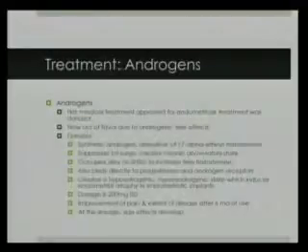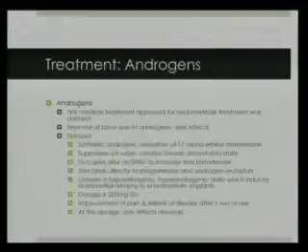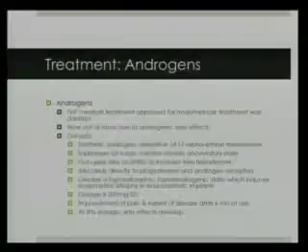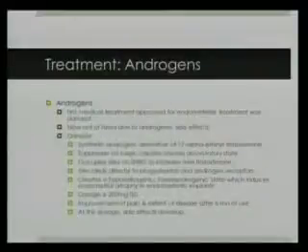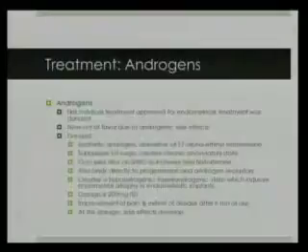Another treatment is androgens. The first medical treatment approved for endometriosis was Danazol, and it's fallen out of favor due to its significant side effects, including acne, hot flashes, hirsutism, adverse lipid profiles, voice deepening, things like that. Danazol is a synthetic androgen.